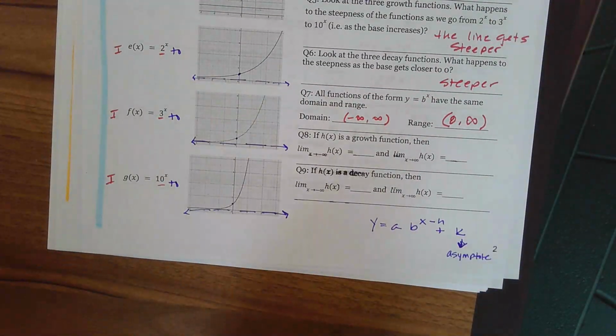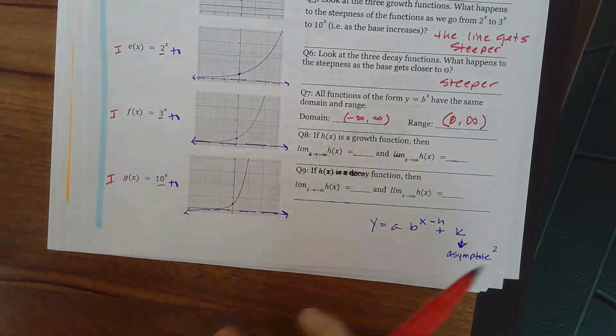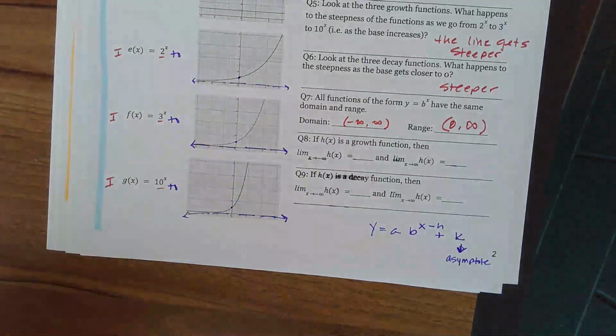All right, if h is a growth function, then the limit as x approaches negative infinity of h of x is equal to what? And the limit as x approaches positive infinity of h of x is approaching what? Let's look at our growth functions, because that's what we're asking about here. We're looking at what happens at the ends of our graph.